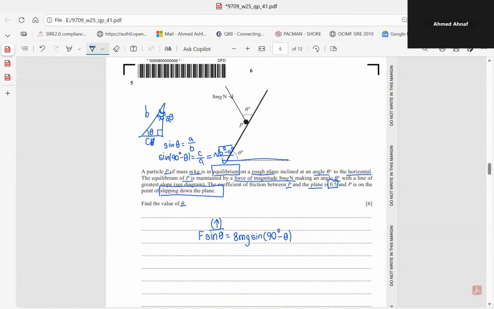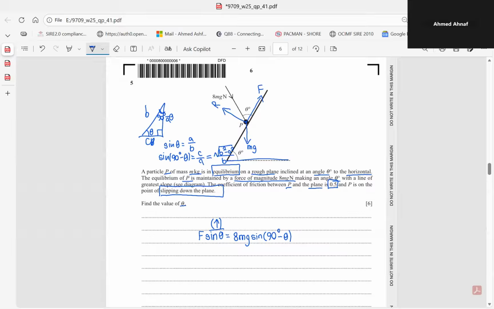So as usual, you have your friction acting upwards. You have your weight acting downwards, which is mg, and you have the normal contact force. So these are your three forces that you always have to draw when you have a rough plane.